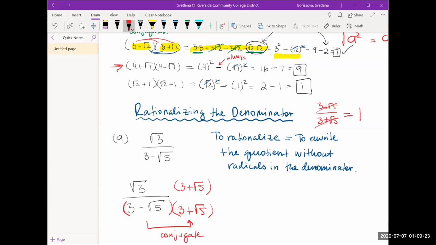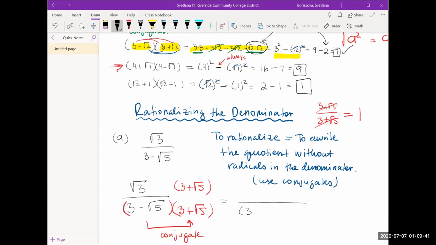So that's pretty much what has to be done. I'll add a note here: use conjugates. And the rest is just performing those operations.